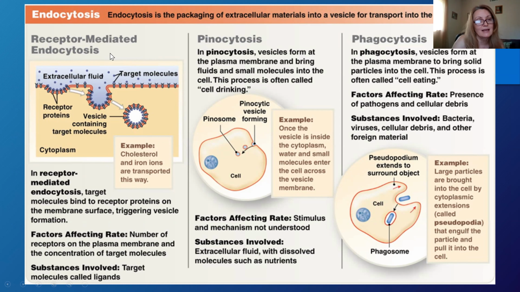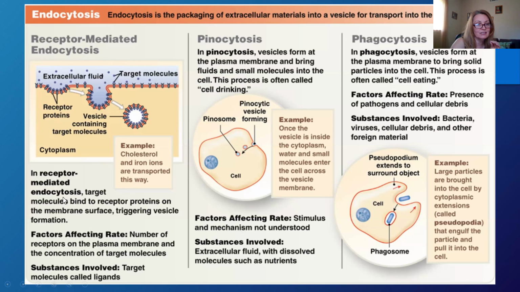And another example of active transport is receptor-mediated endocytosis. So the substances are moving inside a cell, also in the form of vesicles that form from the cell membrane. The difference over here is that we need a stimulus. We need to initiate this process with some signaling molecule, right?